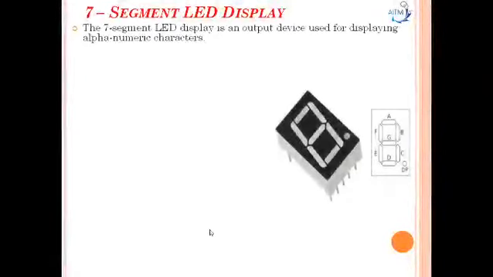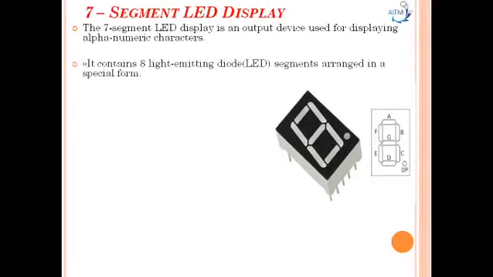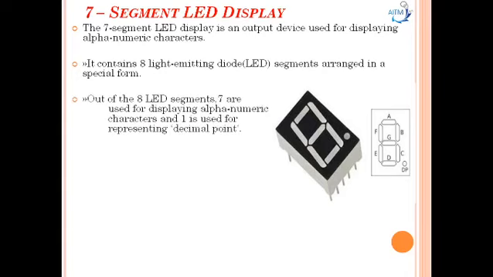Now coming to the 7-segment LED display. The 7-segment LED display is an output device used for displaying alphanumeric characters. It contains 8 LED, that is light emitting diode, segments arranged in a special form. Out of the 8 LED segments, 7 are used for displaying alphanumeric characters and 1 is used for representing the decimal point here.